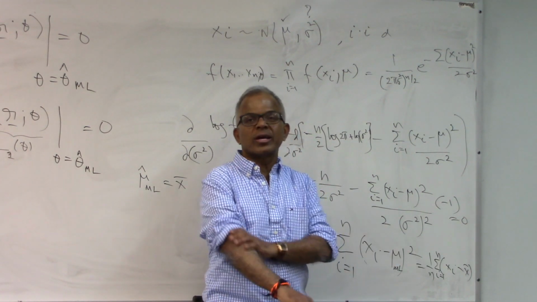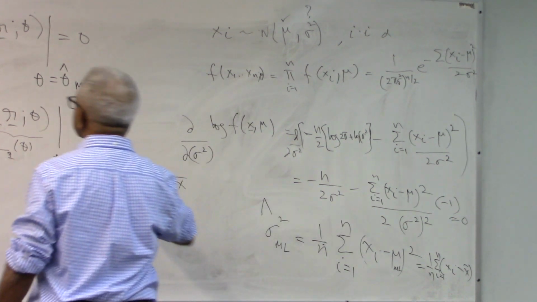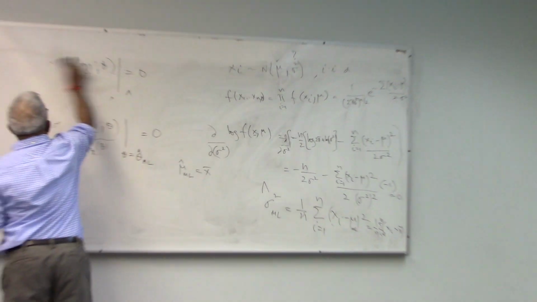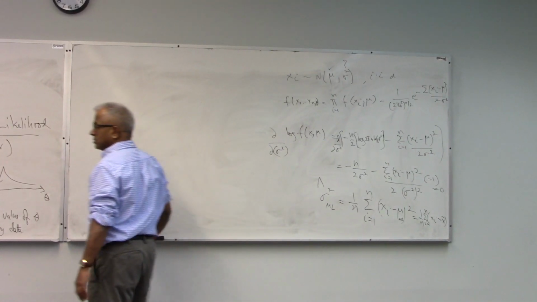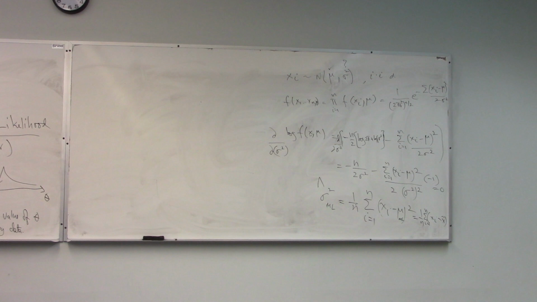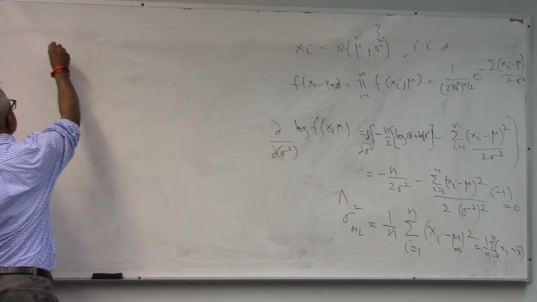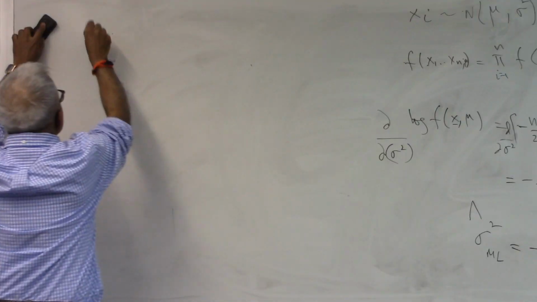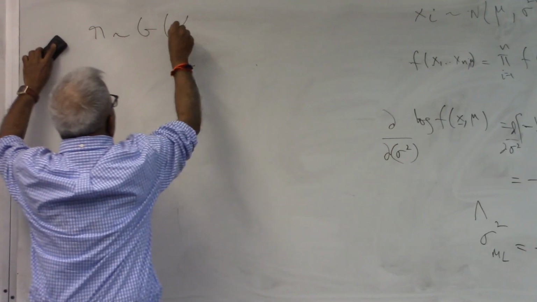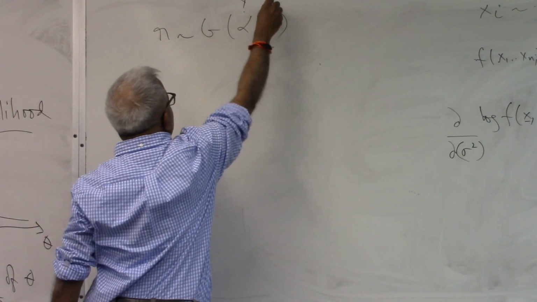Now let me show you a case where things are not this easy. Suppose the data x is gamma with the parameters alpha, beta, both unknown.